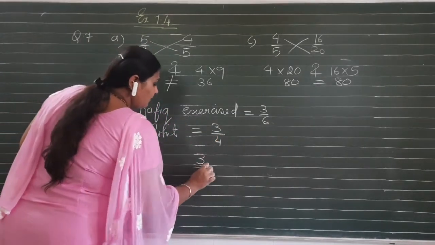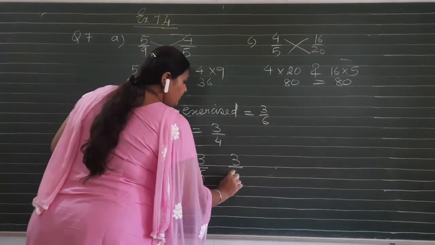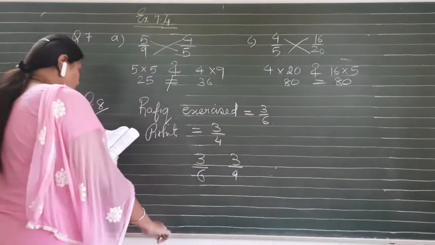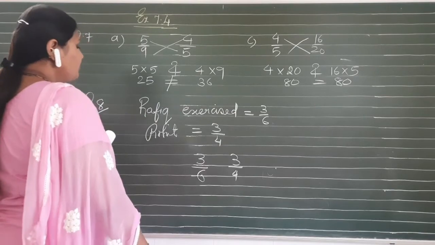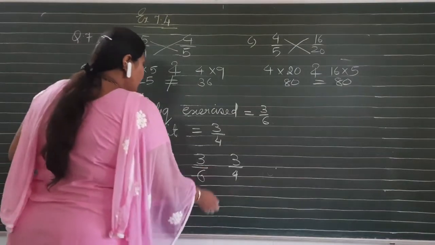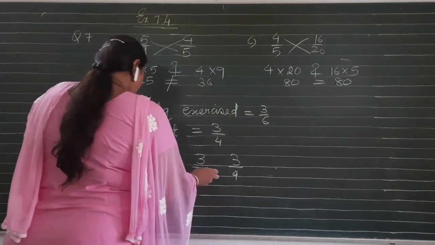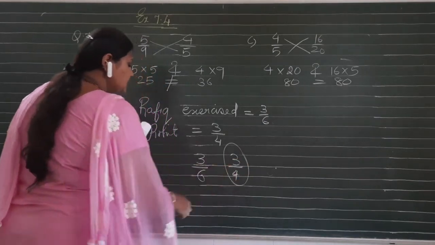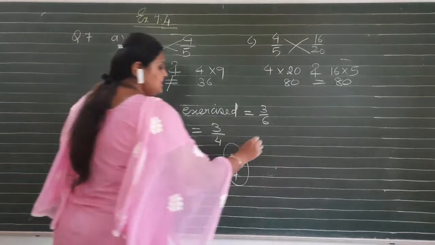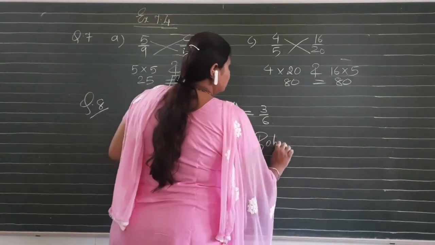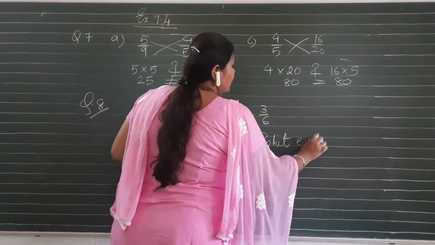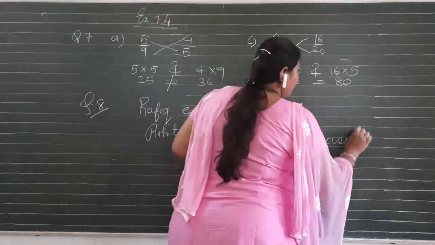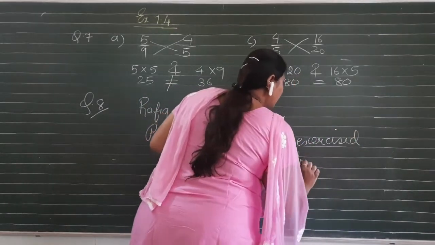Now we will compare this. Your numerators are same. So a fraction having smaller denominator is greater. So here Rohit has 3/4. 4 is smaller. So Rohit exercised more. So this is our answer. Rohit exercised longer.